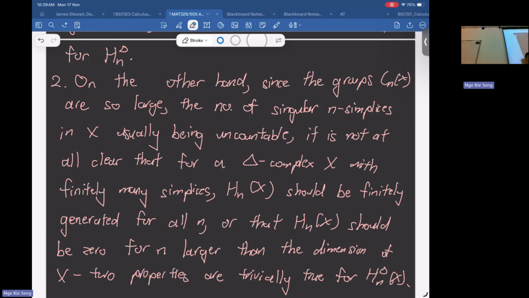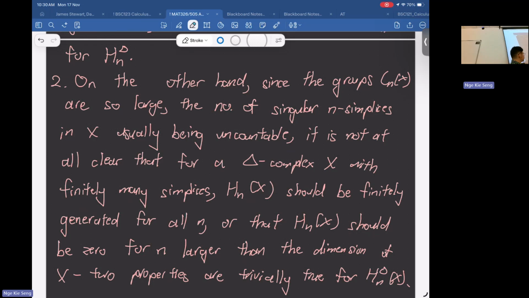Why Z only? Why not maybe Z plus Z? Because the finite sum we considered just now was across all the continuous maps. Maybe there are uncountably many continuous maps. So you might imagine I need coefficients for infinitely many continuous maps as well, so that our homology group is finitely generated.